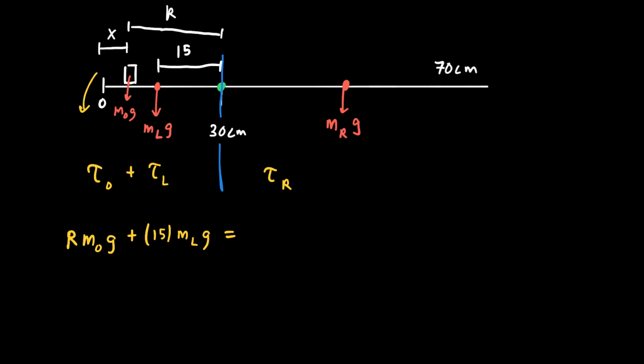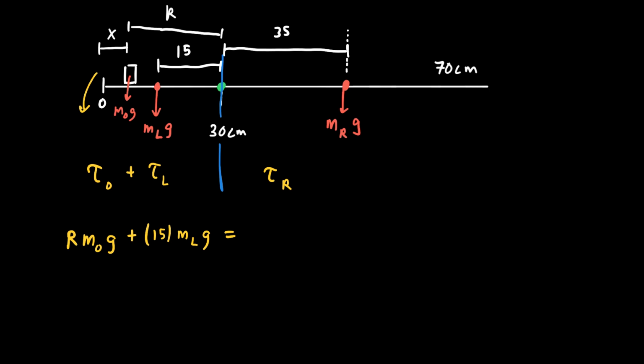The right-hand side, the distance from the axis of rotation to the center of mass of the right-hand side would be what? Well, the right-hand side is 70 centimeters, so half the length of that right-hand side would be 35 centimeters. If you care about the specific number, what is this number that this position is at?